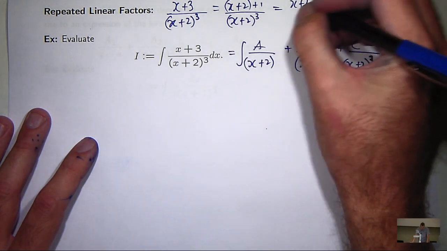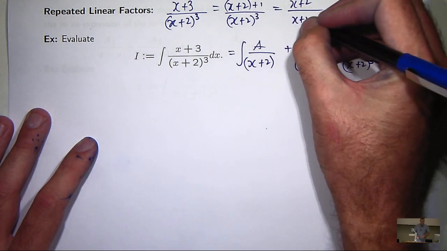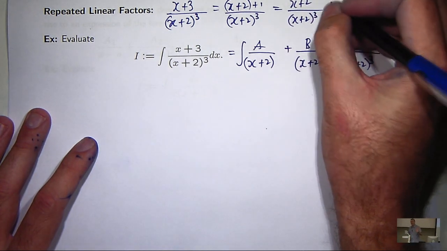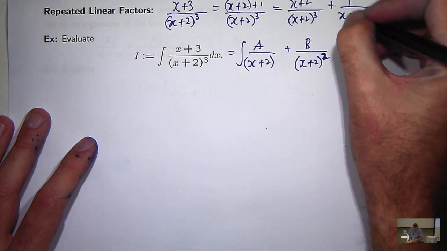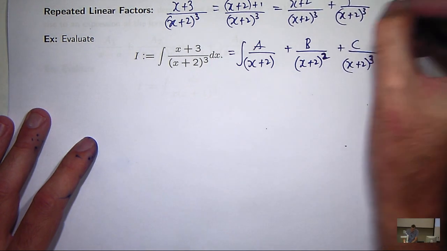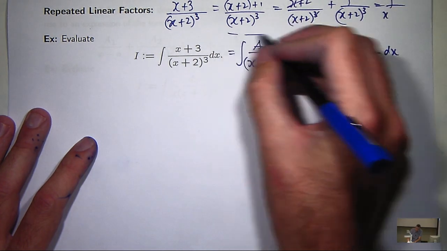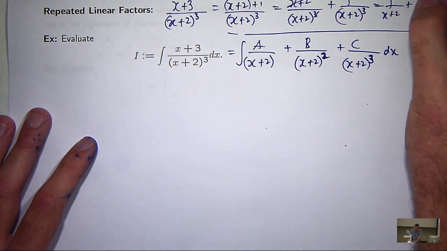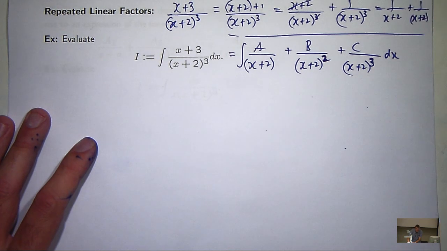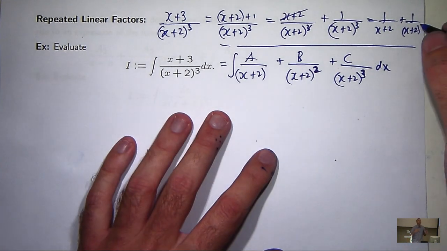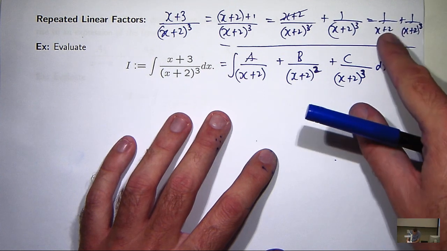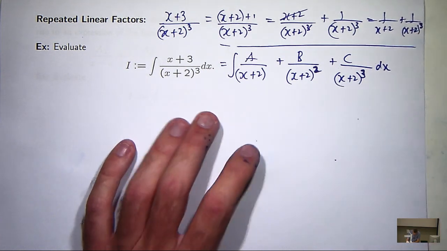It's a cubed in here. Okay, so 1 on x plus 2 plus 1 on x plus 2 all cubed. Now, I can integrate that straight away. I can integrate both those terms straight away. You don't even need to do partial fractions for this problem.